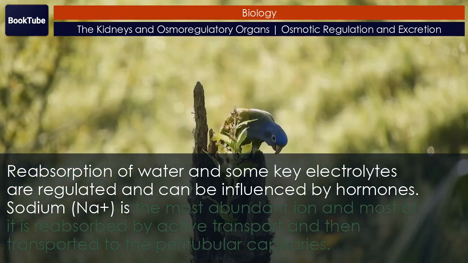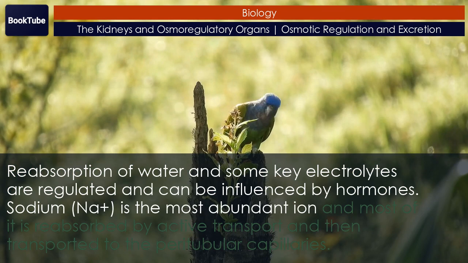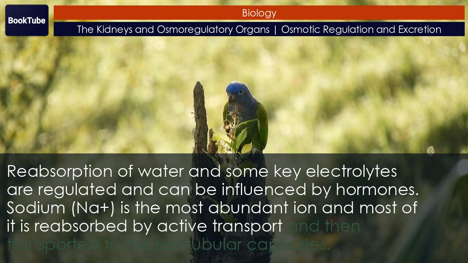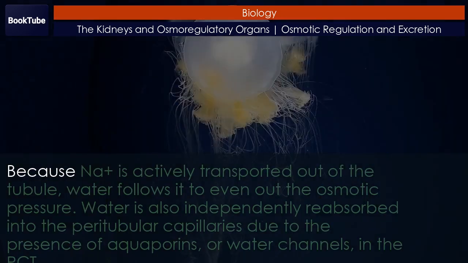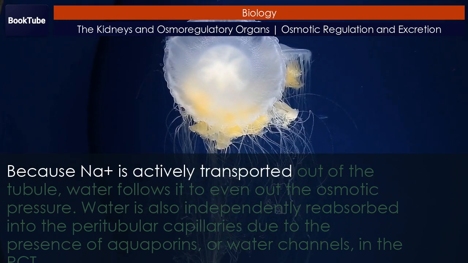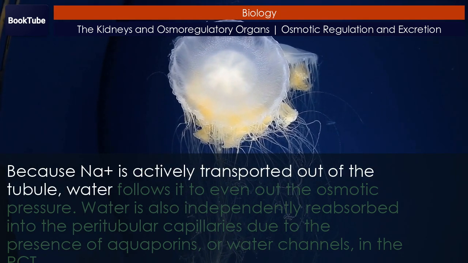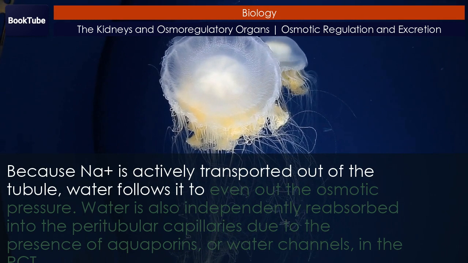Sodium, Na+, is the most abundant ion, and most of it is reabsorbed by active transport and then transported to the peritubular capillaries. Because Na+ is actively transported out of the tubule, water follows it to even out the osmotic pressure.